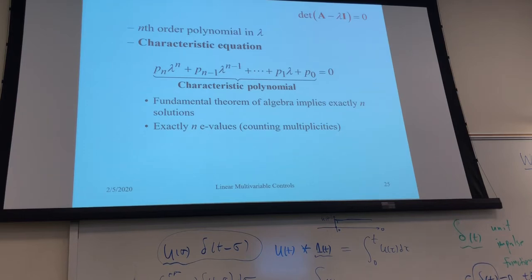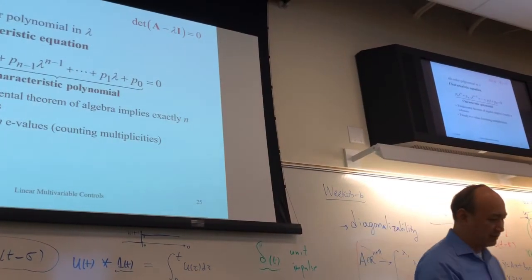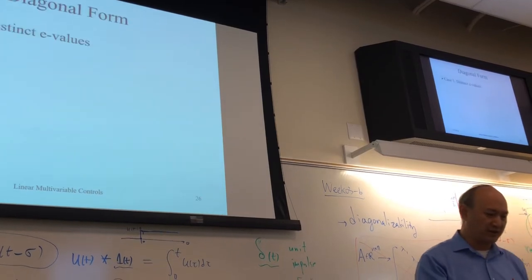We thought this is always possible, but I want to say this is generally a wrong assumption. There are some matrices that fundamentally you cannot diagonalize. That's what I'm going to show you next.